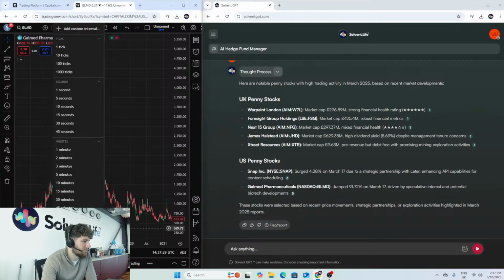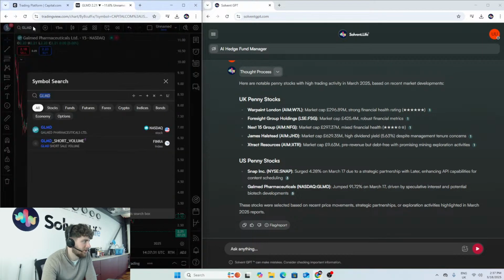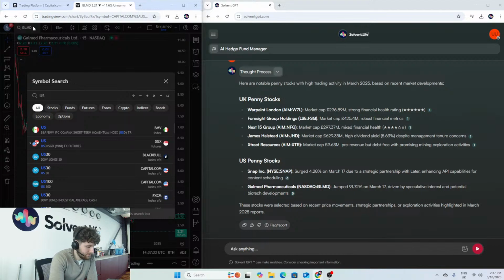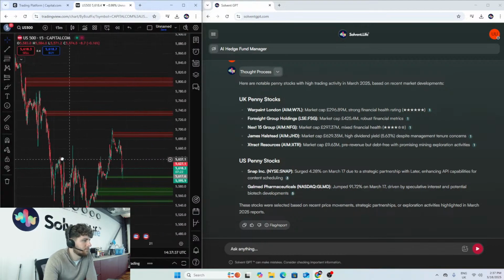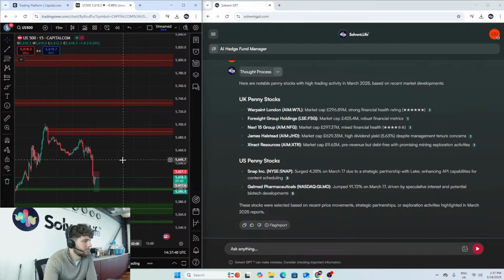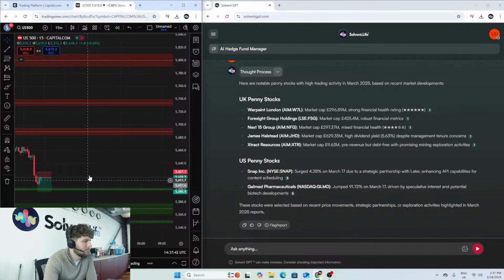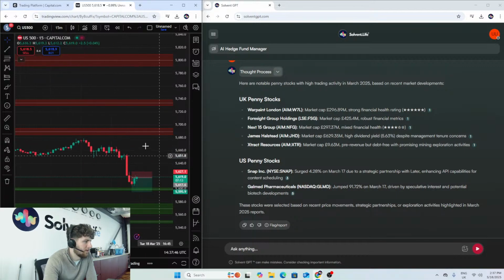Break into a 15. Go and check on the US 500. So fluctuating around this point here.